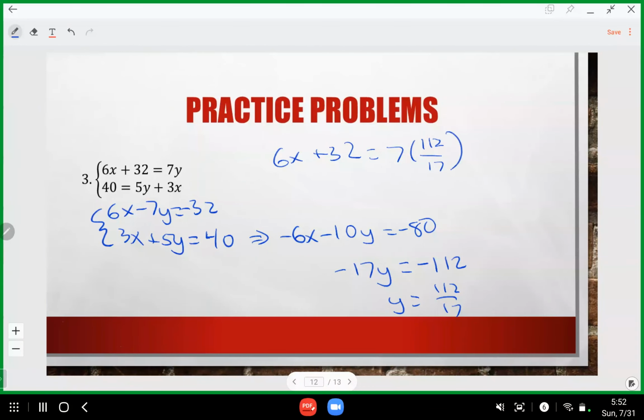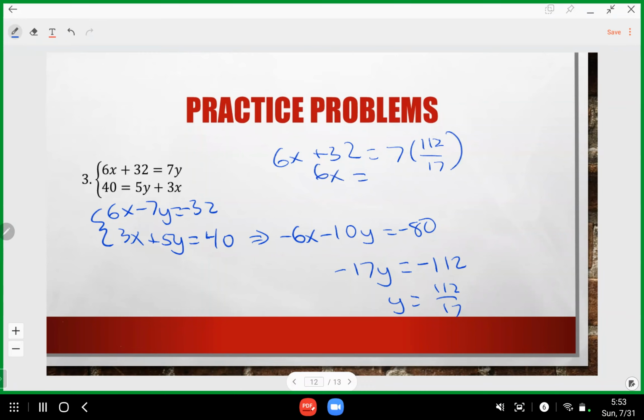All right. Okay, these are really, really ugly numbers. All right, we have 6x is going to be equal to this piece of junk minus 32. Get out your calculators.